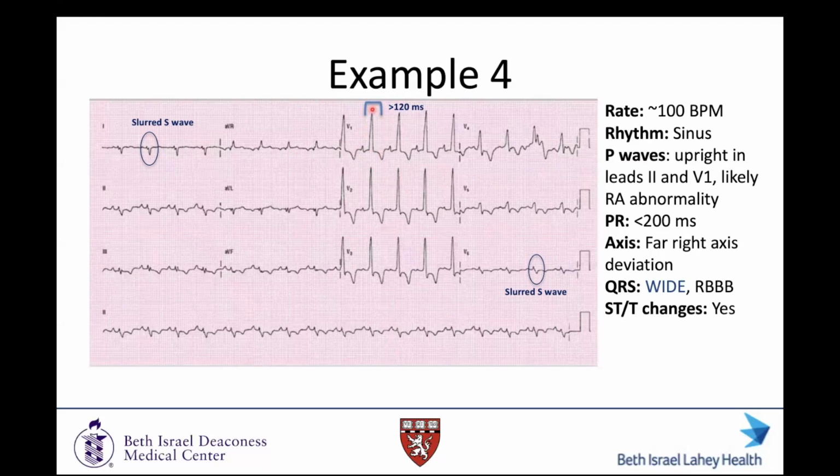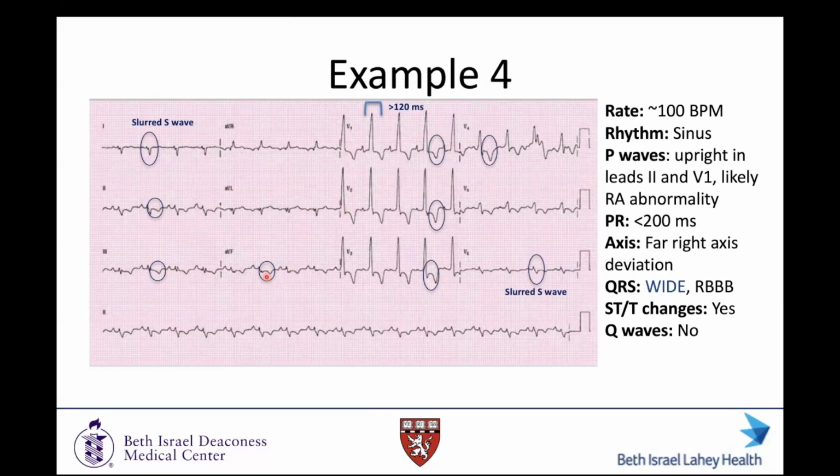Other things, we see a lot of ST and T wave changes here, so I've pointed out a few of them. Here we see predominantly discordant changes, so we're seeing ST depressions with T wave inversions in V1 to V4, also actually a little bit in V5 as well. And then we're seeing ST depressions and T wave inversions in 2, 3, and AVF.